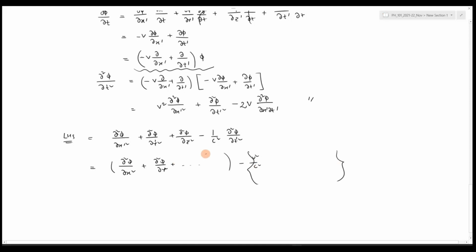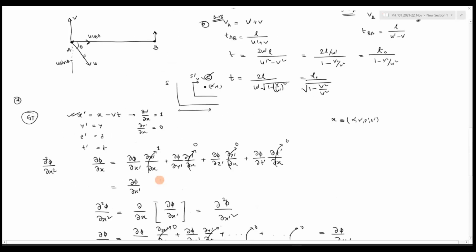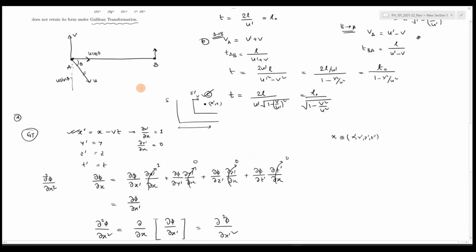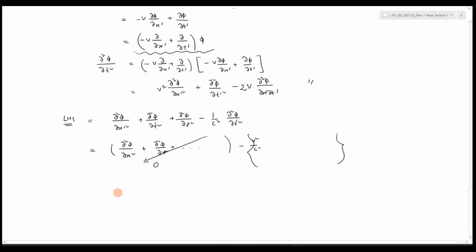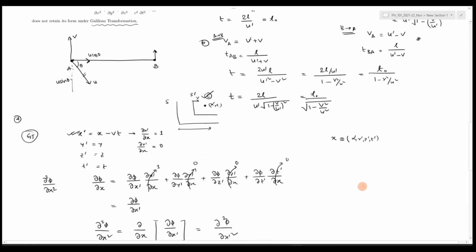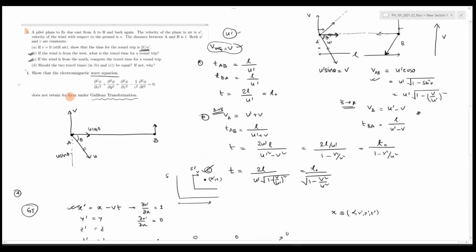We know that this part is actually 0. It's already given. This part is 0. But these additional terms will be there, making it not equal to 0. Okay. That means this wave equation is not retained under Galilean transformation.